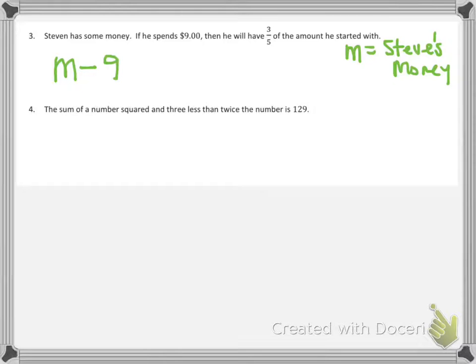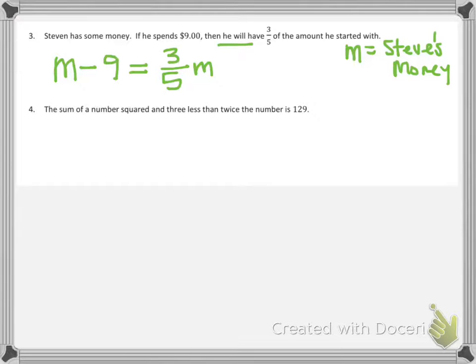Then he will have 3/5 of what he started with. Well, 3/5 of what he started with would be 3/5 times Steve's money. So Steve's money minus $9 is equal to 3/5 of his money to begin with. M minus 9 equals 3/5 M.